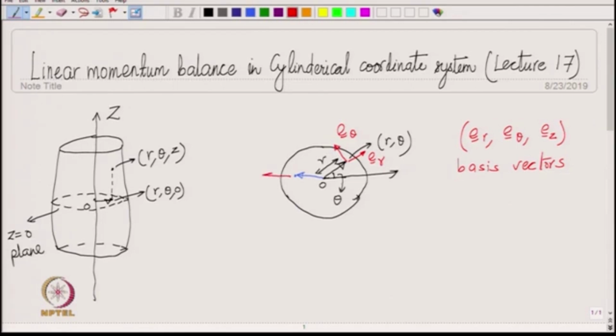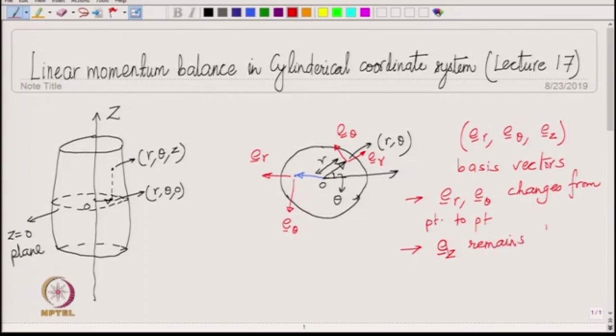E r is always radially outward, and E theta is again in the direction of increasing theta. So, you see that E r and E theta for the 2 points are not the same, but E z is always the same. So, I can write here that E r and E theta change from point to point, whereas E z remains fixed.